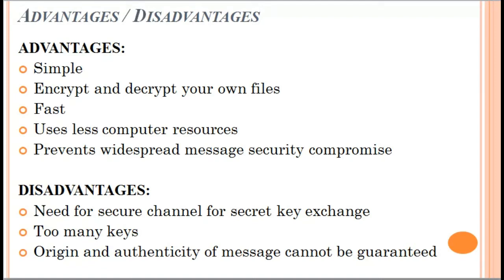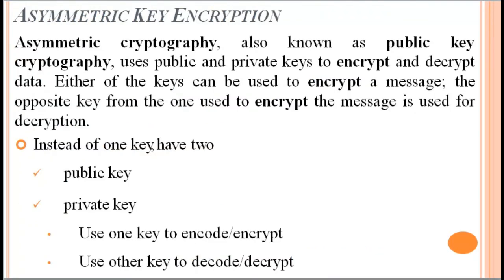Now the second method is asymmetric key encryption. Asymmetric key encryption is called public key encryption. In this, sender and receiver both use different keys. If the sender uses a private key, then the receiver uses the sender's public key.